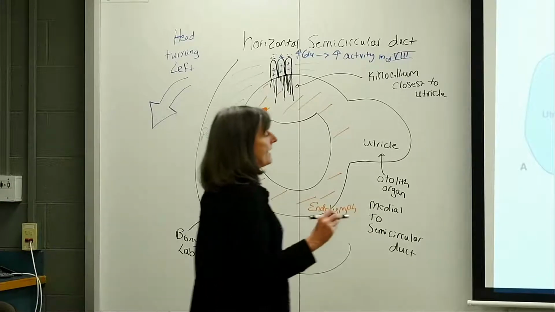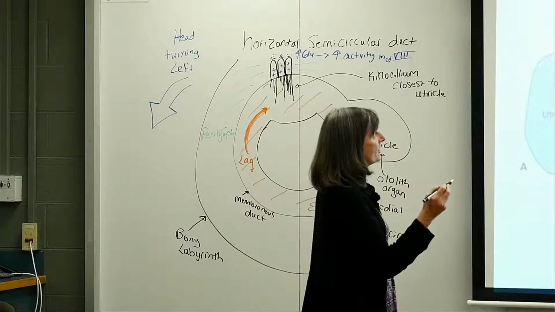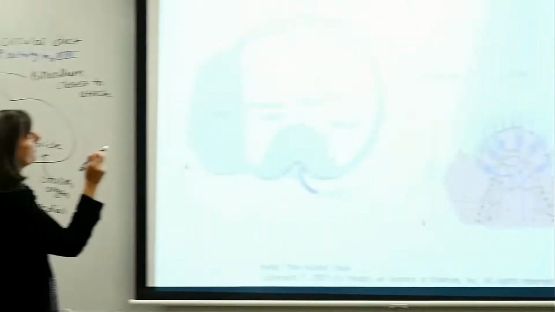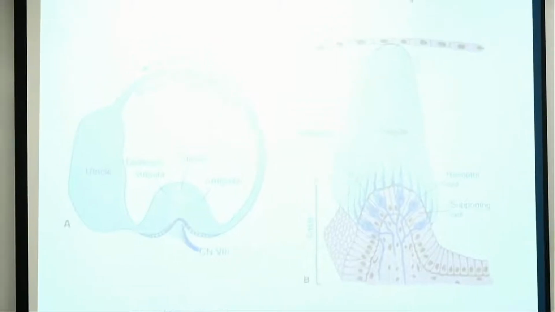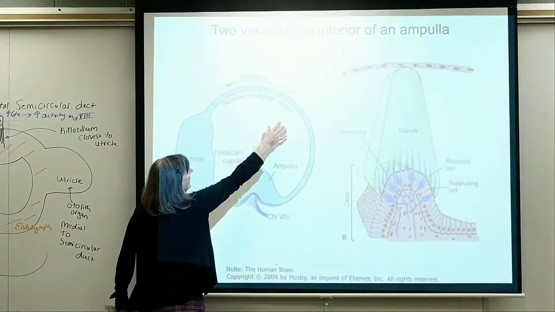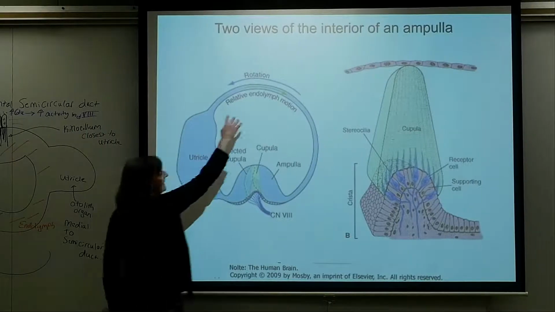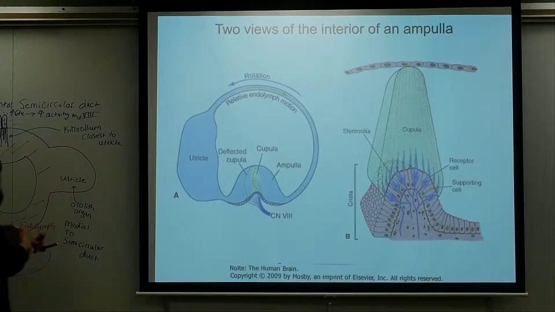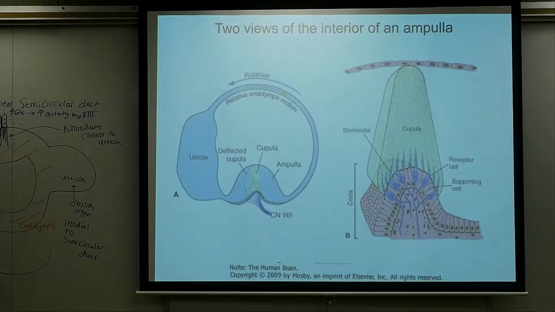So here we have a diagram of a semicircular duct showing a similar thing. So we have rotation of the head in one direction. There's going to be a relative endolymph motion in the other direction, which is going to be a lag of that fluid. That lag then is going to result in pushing the hair bundle and its associated gelatinous mass, which I should draw in there as well.